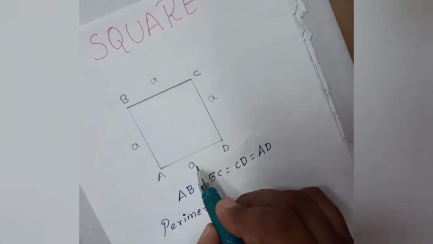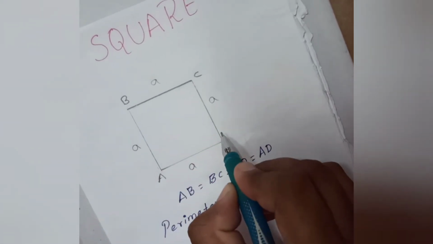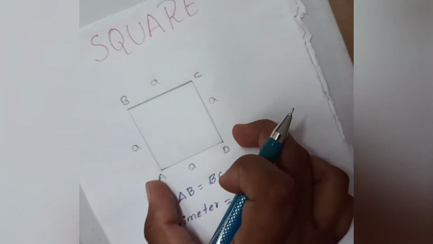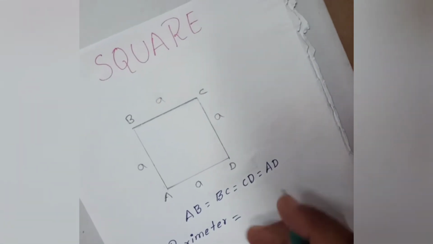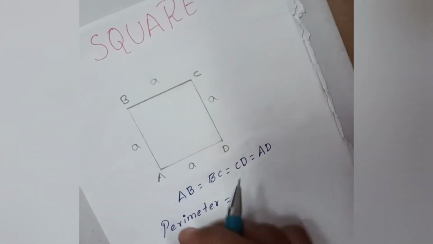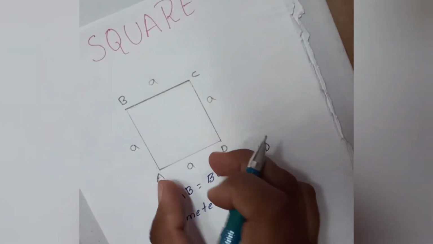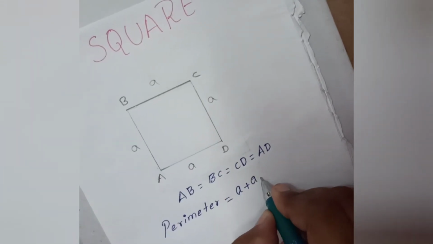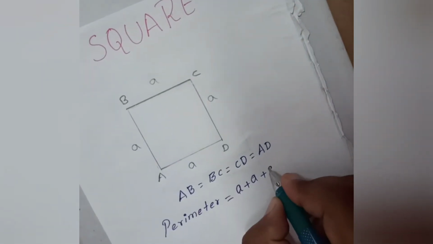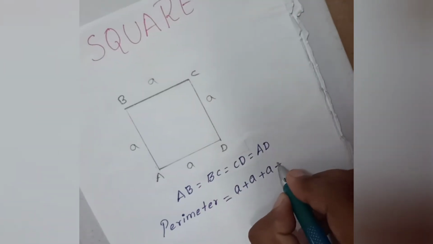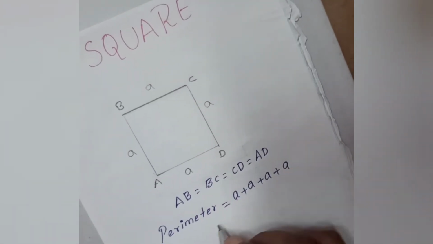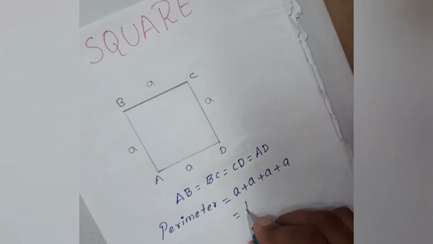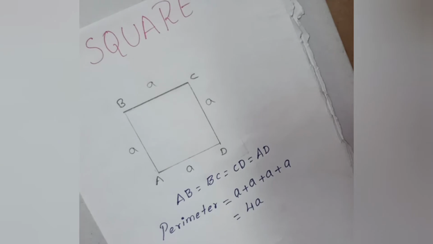So we combine all the sides of this square, then we get the perimeter of this shape. We can call this side A, plus this side A, and this is also A. Four sides. So A plus A plus A plus A is equal to 4A.